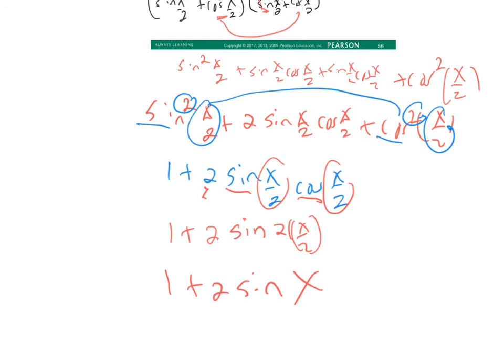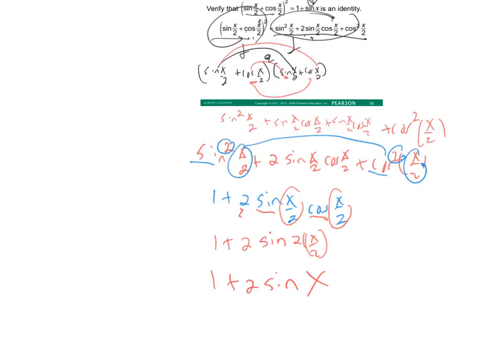Stare at it. I'm going to try to see if you can send out your energy and tell me what else to do. Ah, there's not another 2 here, because this together is sine of 2 of these. Oh, okay.